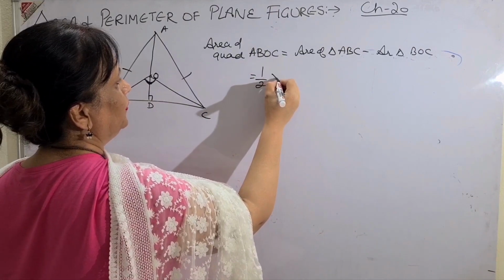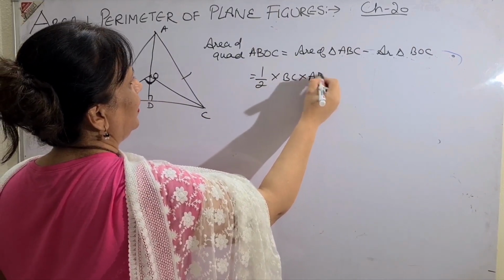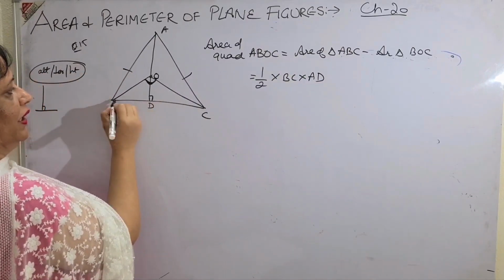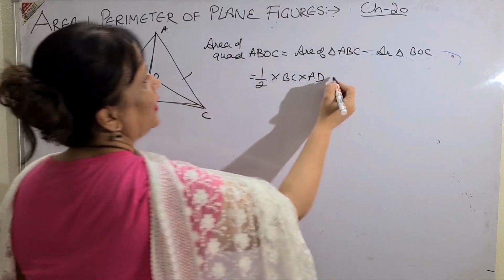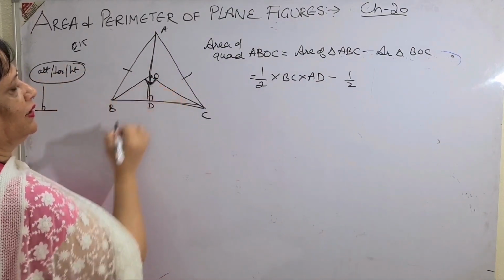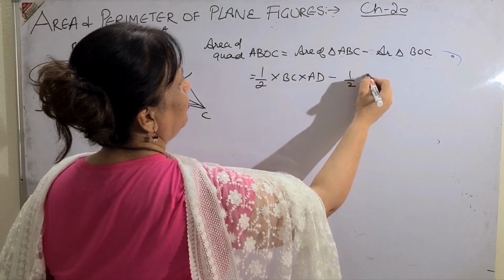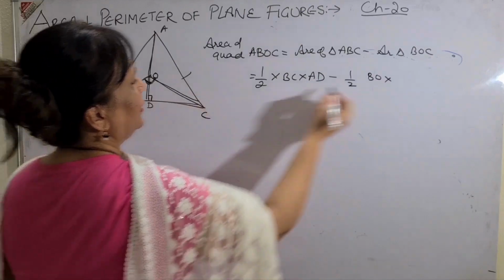Half into base BC into AD. Because altitude is given, so I can take BC into AD for full triangle minus again area of triangle BOC. Again BOC is a right angle triangle, so again you can write BO into OC.